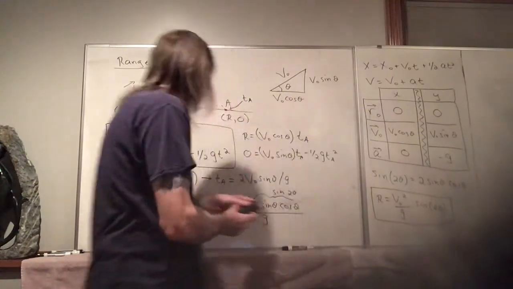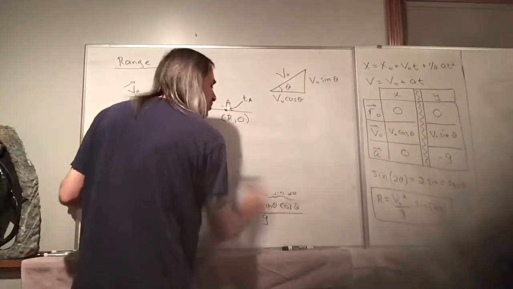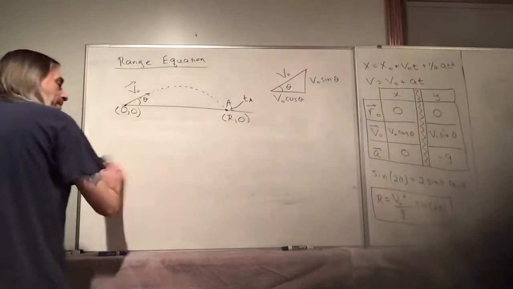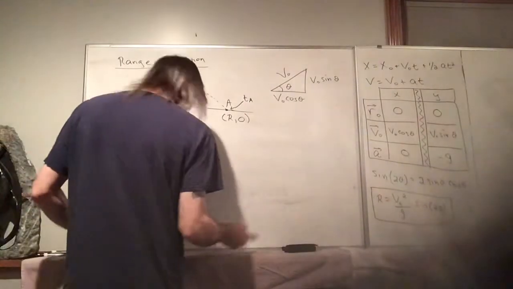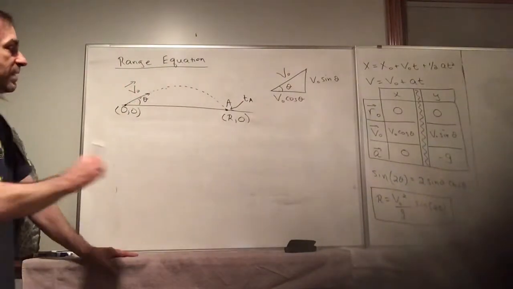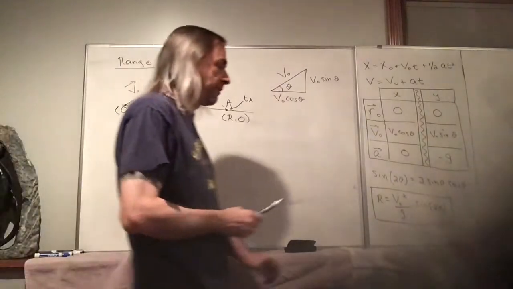But first, I want to talk about an important consequence of the range equation. And again, just to remind you, you can only use this equation if the particle is going to land at the same height it was launched from.